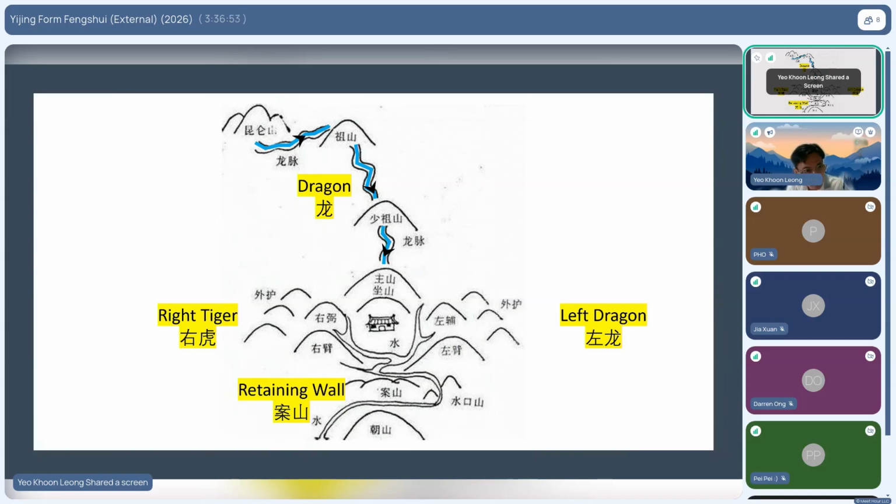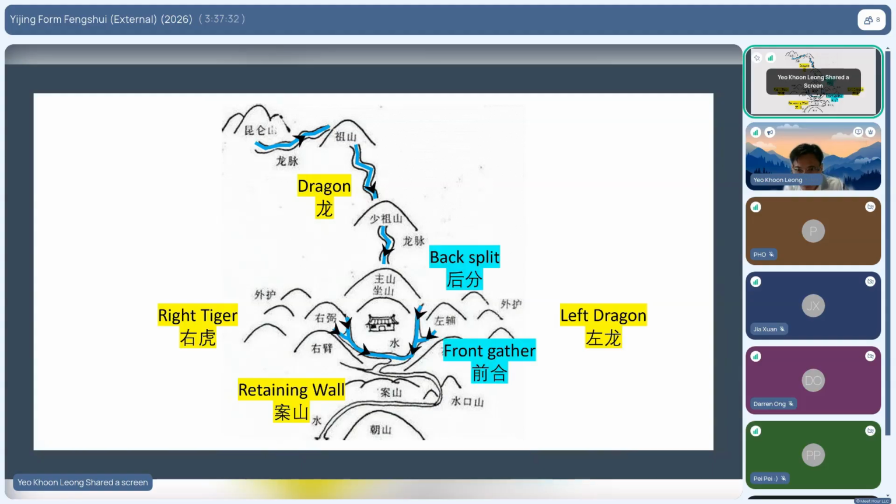The arrow shows where the creation energy, the Sheng Qi, is coming from behind, supporting you. If there's no source coming to you or you're not connected to the source, then there's no creation energy to talk about. And what does creation energy mean? Go back to the earlier module when we talked about the creation energy and revisit that. So this blue line is what is meant by Lai Long, the back dragon.